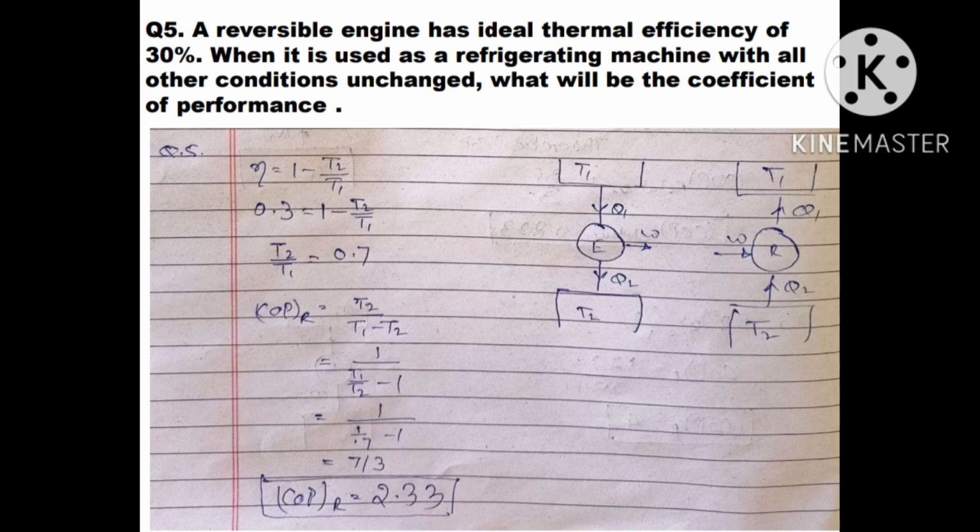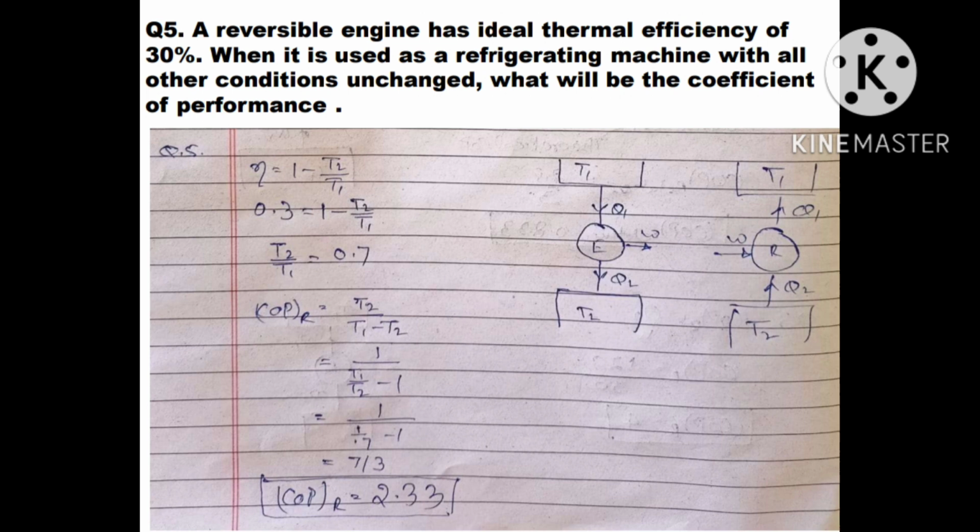Now we will apply the formula efficiency equal to 1 minus T2 by T1. So 0.3 equal to 1 minus T2 by T1. So we can find out the value of T2 by T1 as 0.7. Now if the temperature limits remain the same, then COP of refrigerator equal to T2 upon T1 minus T2.